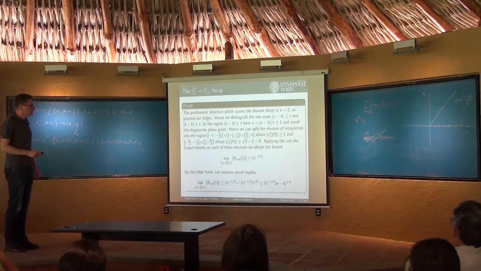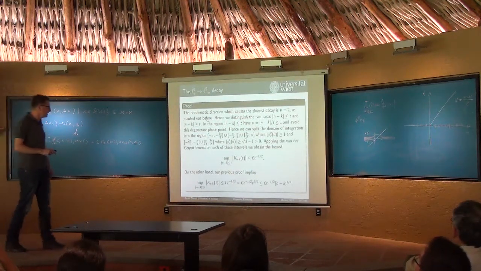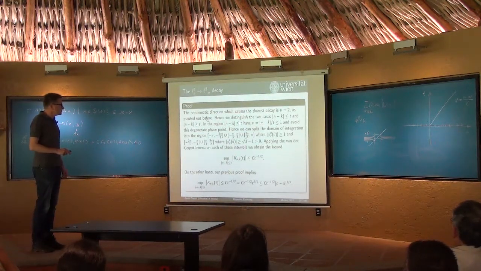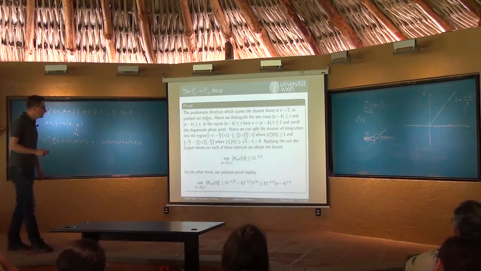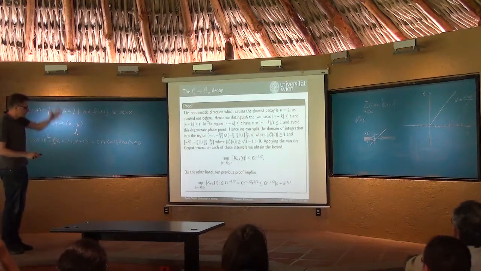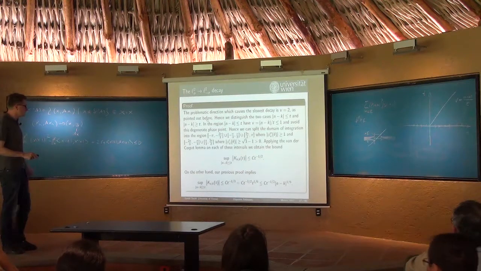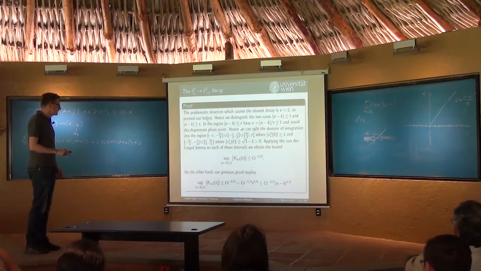So we look at the case where |n minus k| is smaller than t, and where it is larger than t. Okay? So in this region here, we of course have this, and we avoid this special ray. So this case is covered. We don't need to worry about this. So we need to look at the other case.